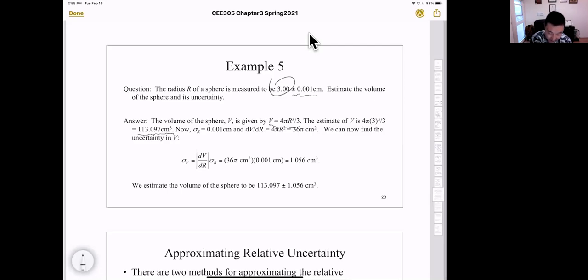Next, we need to figure out the uncertainty of V, the volume.